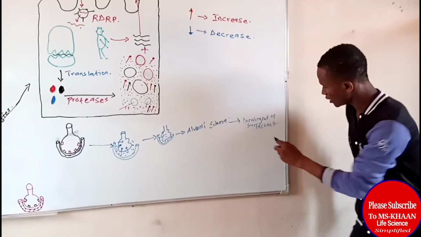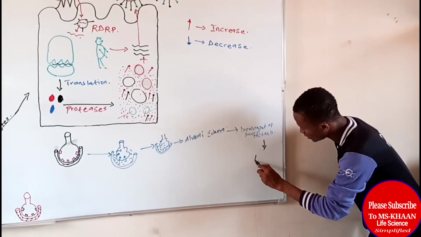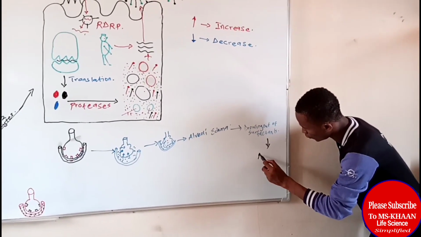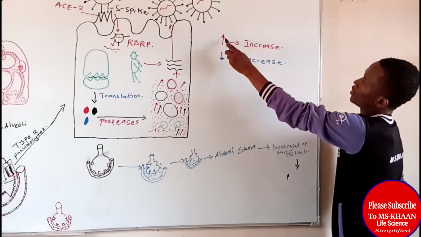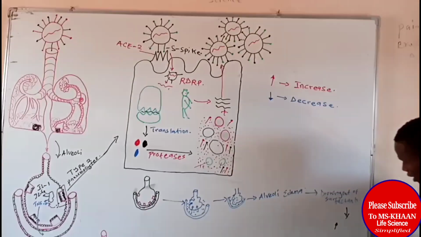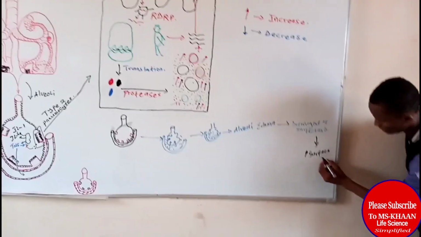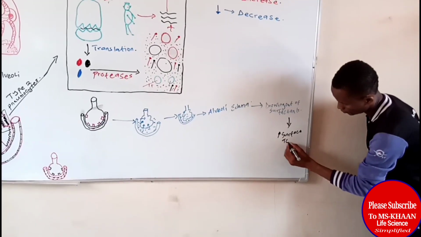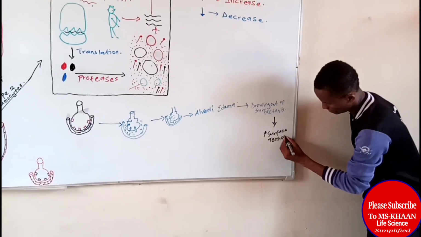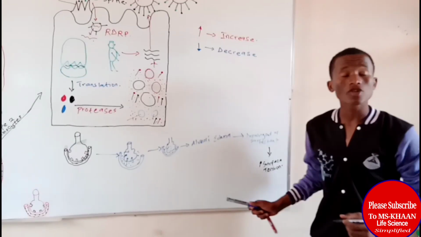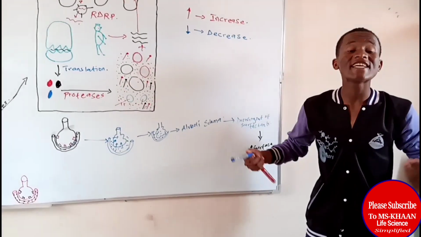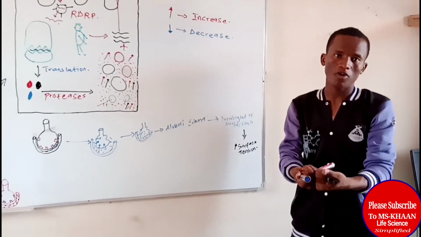And this will result in increased surface tension. I'll use this arrow for increase. Look at it here. Increase, an arrow up; decrease, an arrow down. Increased surface tension. And by causing increased surface tension, you are also increasing the collapsing pressure in the alveoli.